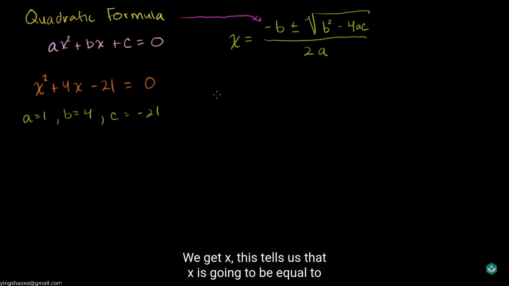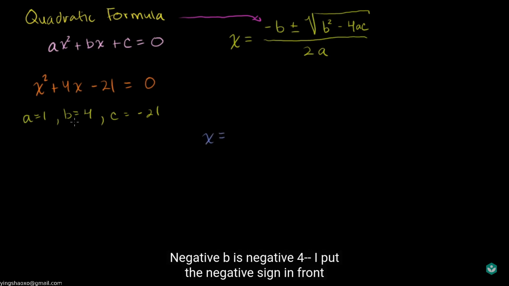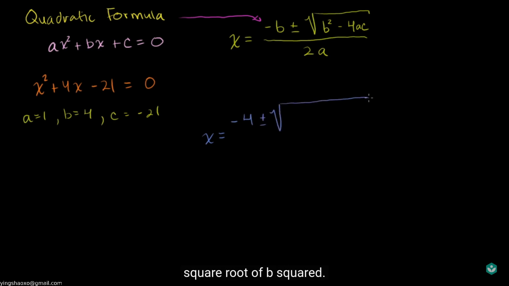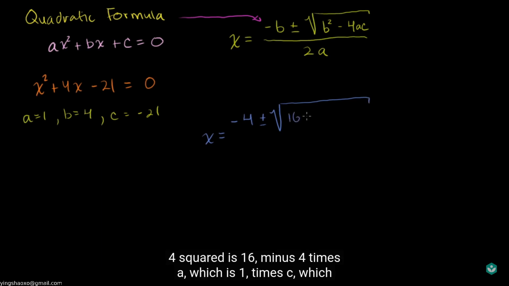So what do we get? This tells us that x is going to be equal to negative b. Negative b is negative 4. I put a negative sign in front of that. Negative b plus or minus the square root of b squared. b squared is 16, right? 4 squared is 16.